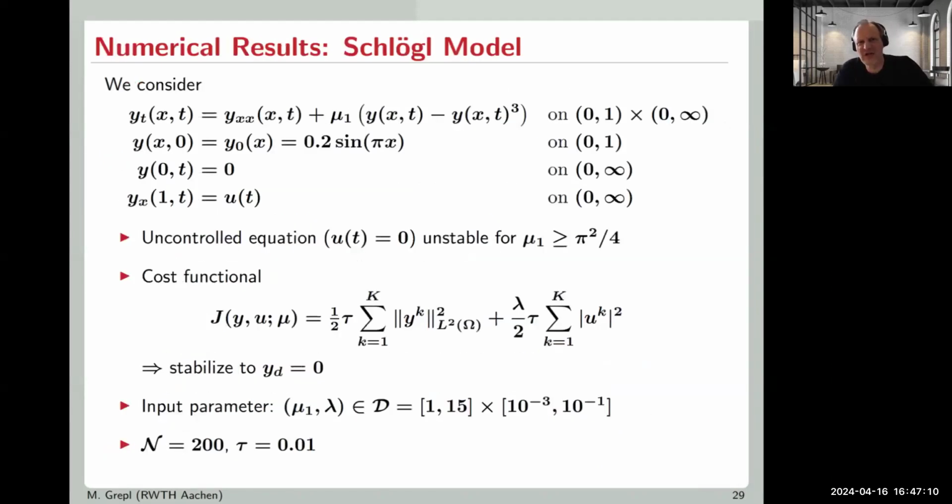And some last results for the Schlögl model, also well known, in 1D here. We know again that the uncontrolled equation is unstable for mu1 greater or equal to pi squared over 4. With our cost functional, we want to stabilize the system to yd equals 0. Our input parameter is mu1, the parameter in front of the reaction term, and again the lambda appearing in our cost functional.